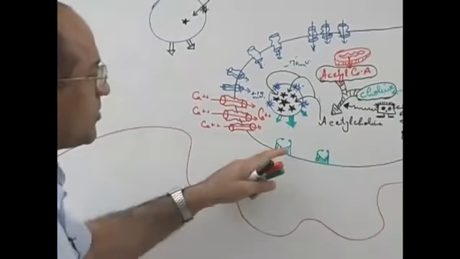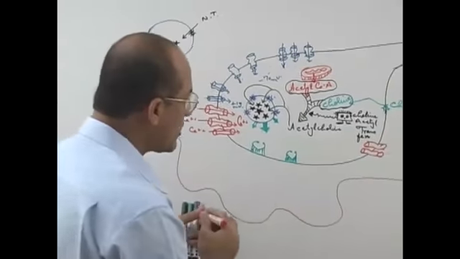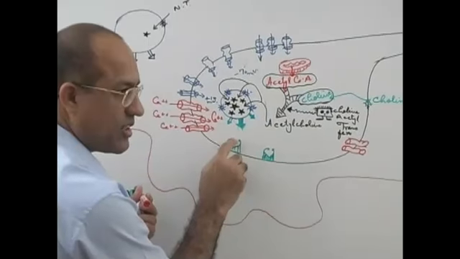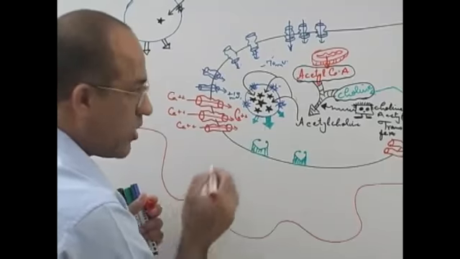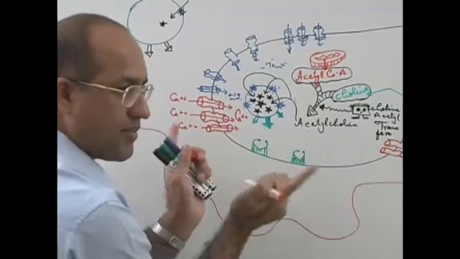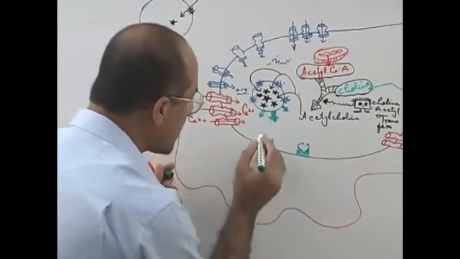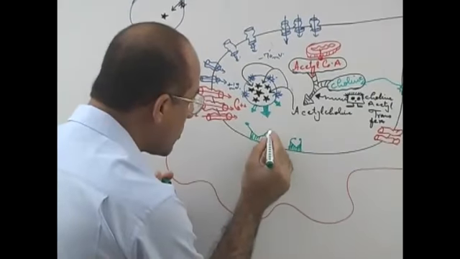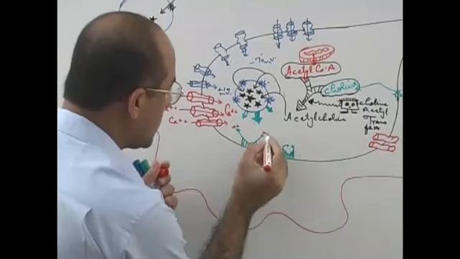But these proteins can be activated by calcium. What really happens, as soon as calcium binds at these ends, some calcium at this point, some calcium at this point, both of them are positively charged, so they will be repelled. So as soon as calcium comes in, this opens up because calcium is binding here.